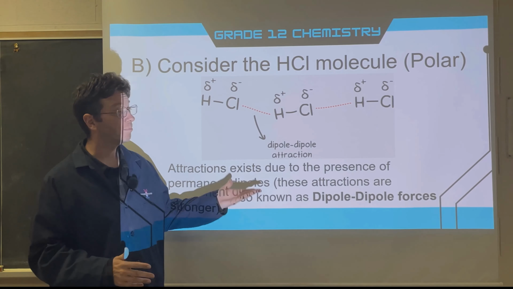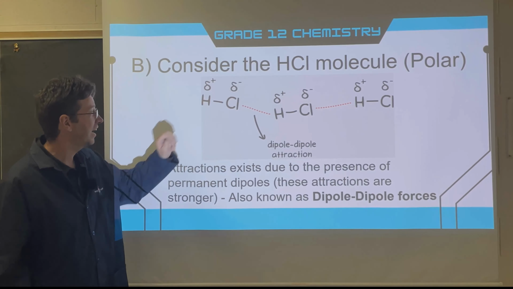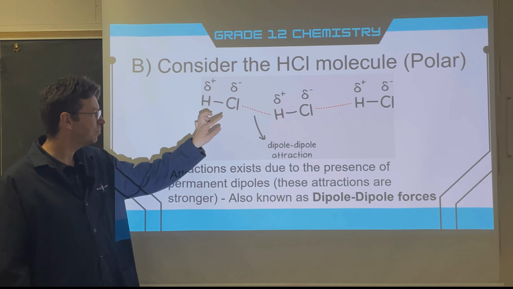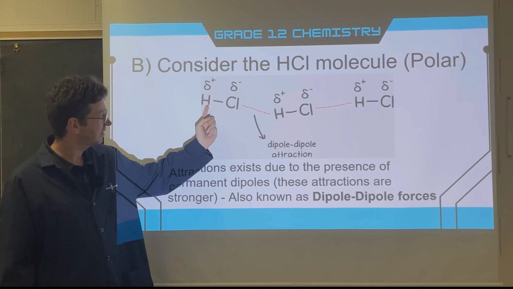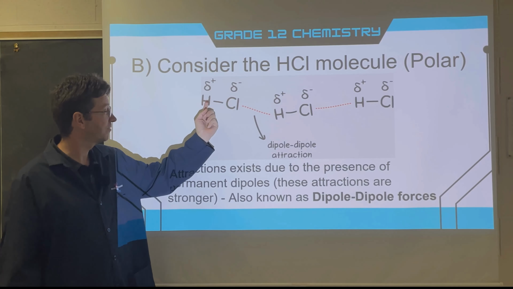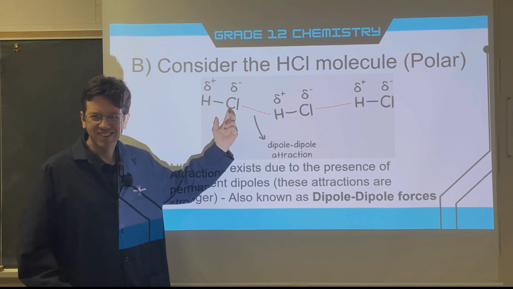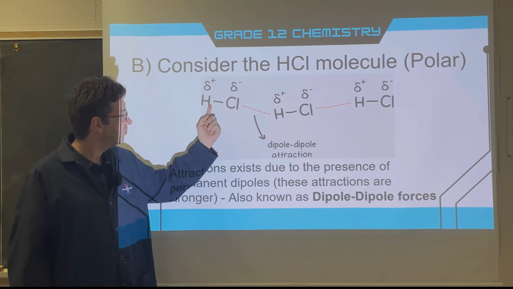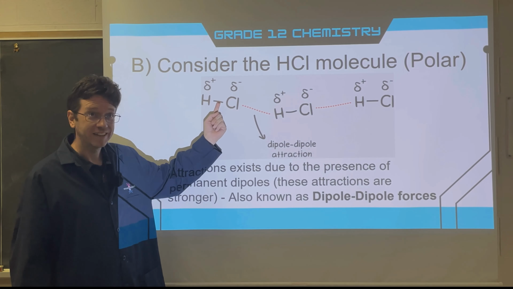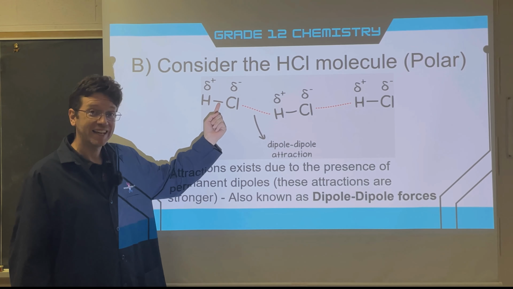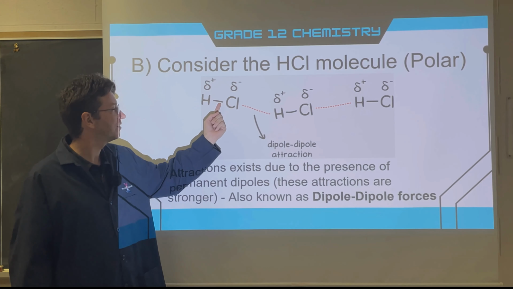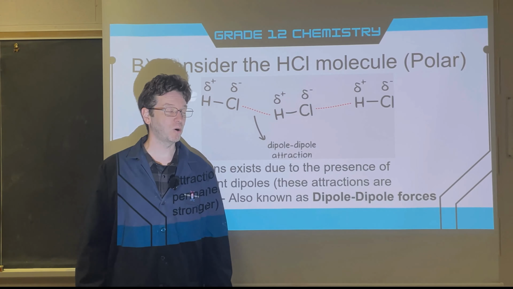However, if we have a polar molecule, like hydrogen chloride here, this is a polar molecule. You can determine that it's a polar molecule, one, because it's very asymmetric, and two, because for that intramolecular covalent bond, you can check its electronegativity difference and realize, yes, that is definitely polar.